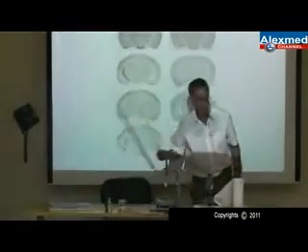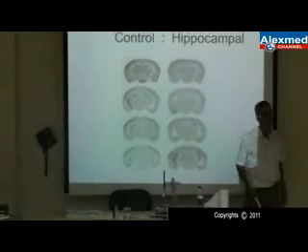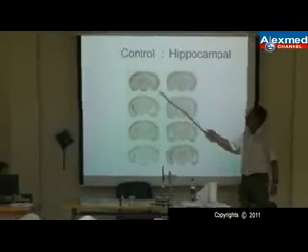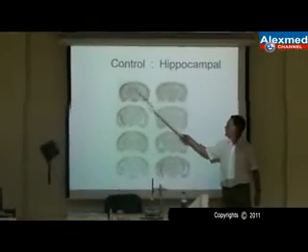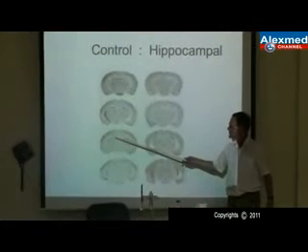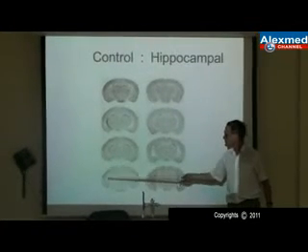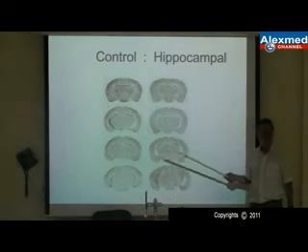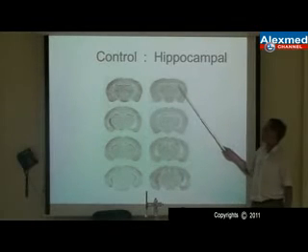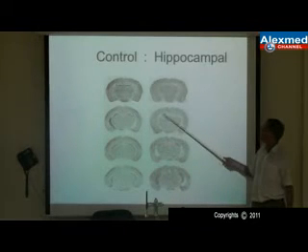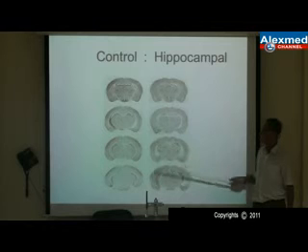This is my first attempt at stereotactic lesions in the mouse. Here is a controlled mouse with its hippocampus intact. And this is a mouse which I did surgery on. Nothing but a hole.